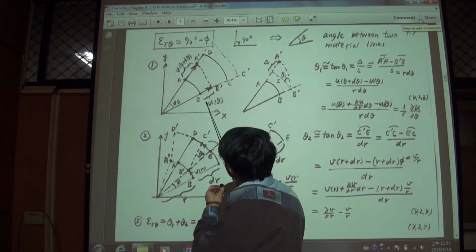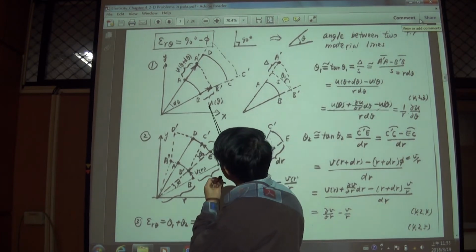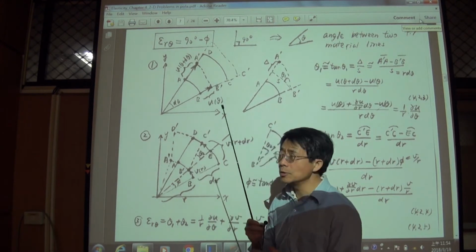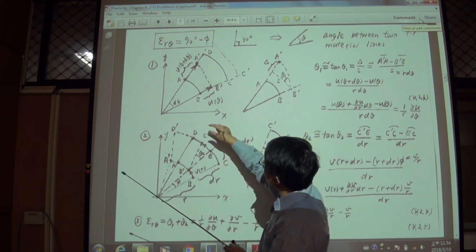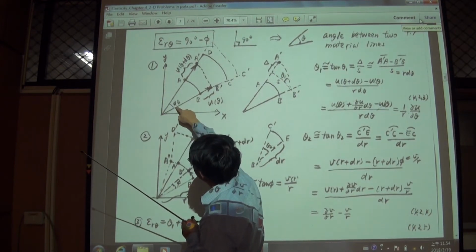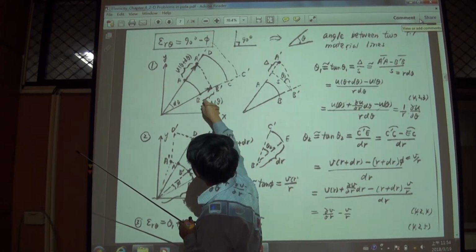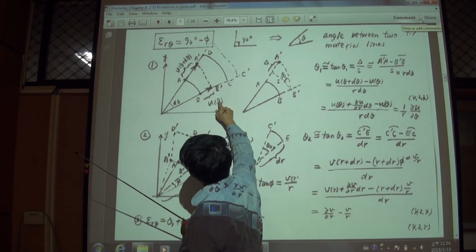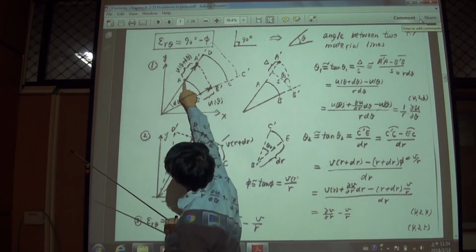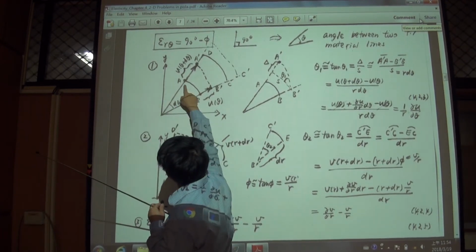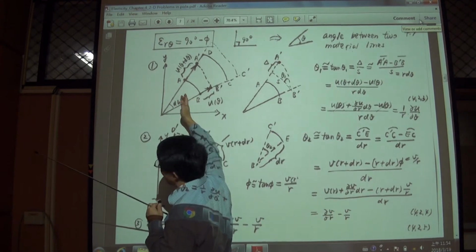Due to what? Due to this displacement u(theta) and u(theta plus d theta). Why is this called u(theta)? Because we have an angle theta here. I haven't written it down, but this is the angle theta. So the displacement here is u(theta), and the coordinate of point B is theta plus d theta, a bigger angle.